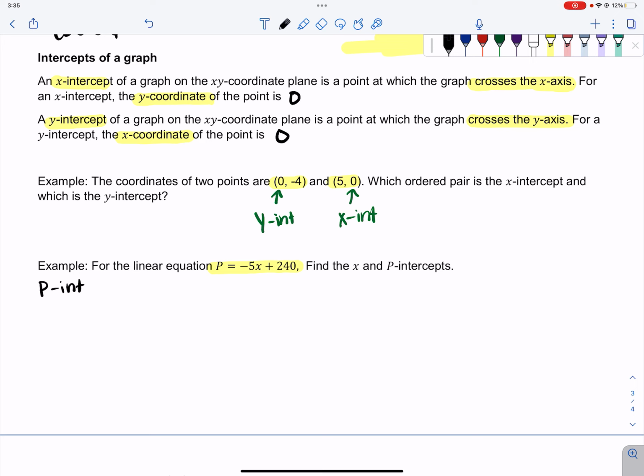I replace x in the equation with 0, so p = -5 times 0 + 240. -5 times 0 is just 0, so this leaves us with 240. We put in 0 for x and got back 240, so we have (0, 240).